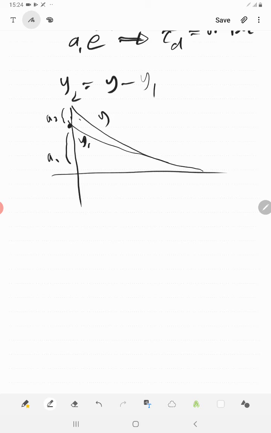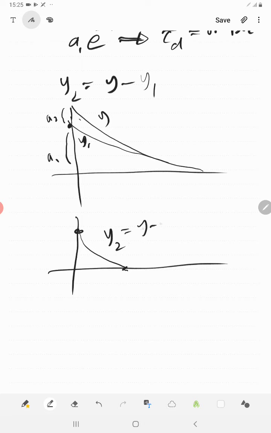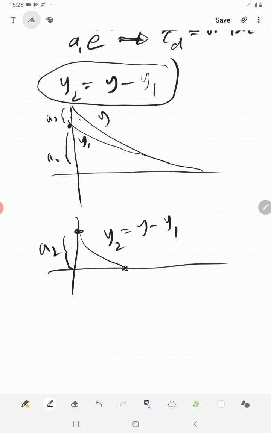Now we subtract Y minus Y1 and call it Y2. You will get Y2 equal to Y minus Y1, and this one here is A2.